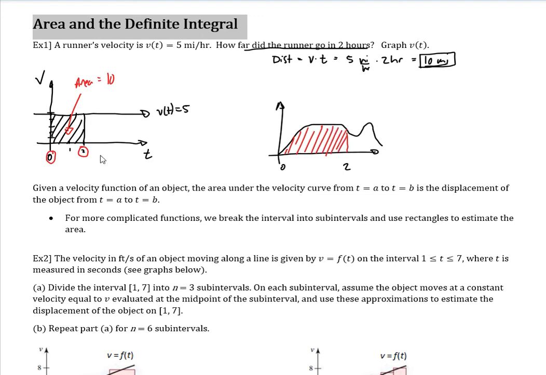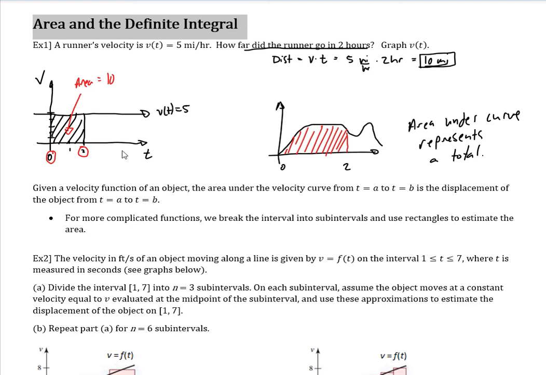So what we want to get to eventually is that an area under a curve represents a total. In this problem we used velocity as our example, but it's true for any other thing.